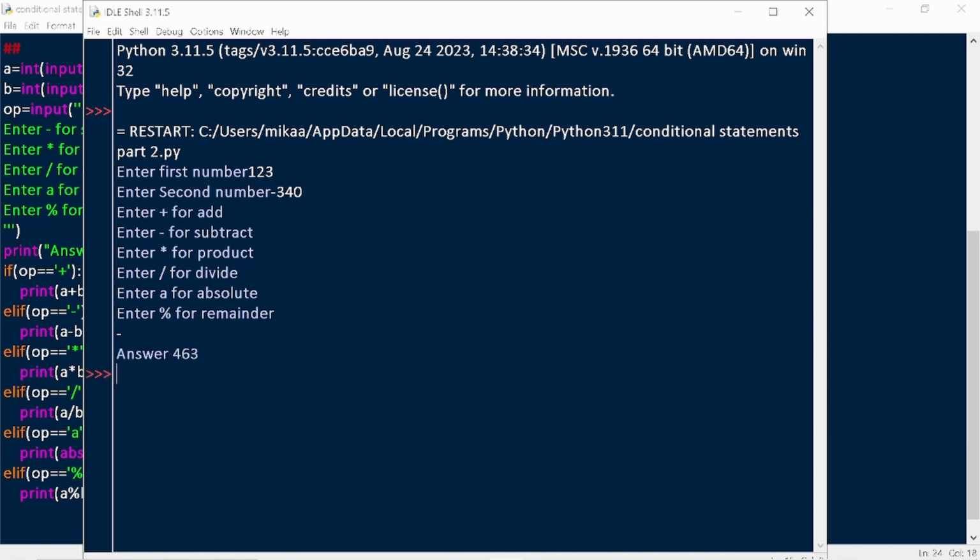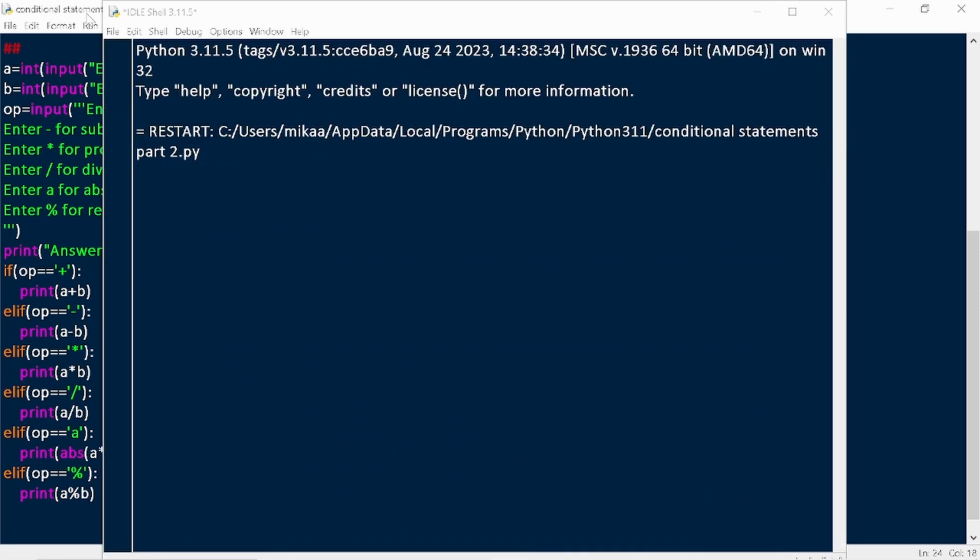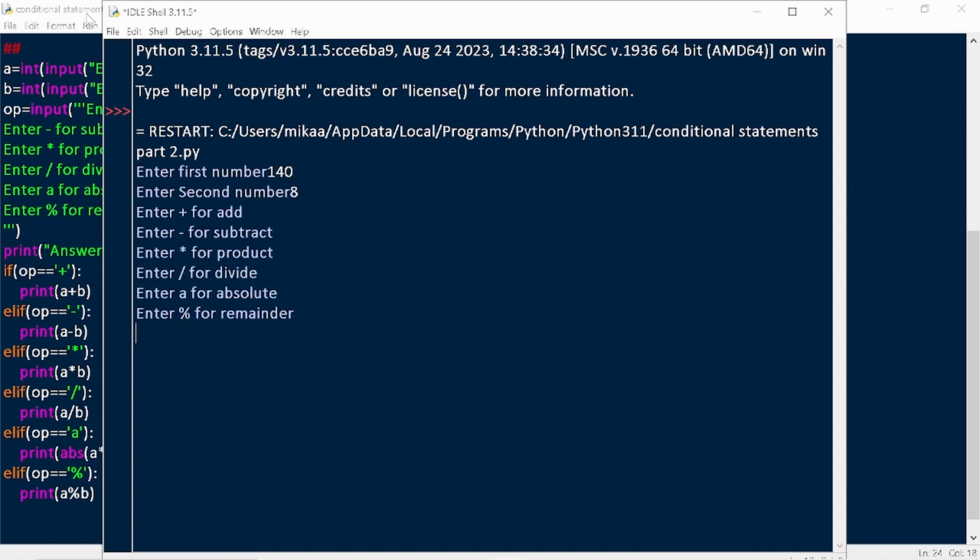So the answer is 463. Now let me show you the division one. Let me run that again. If I do 140 divided by, so I have to write the division sign now, you can see 17.5 is the answer.